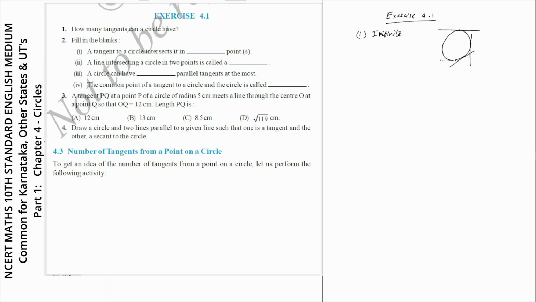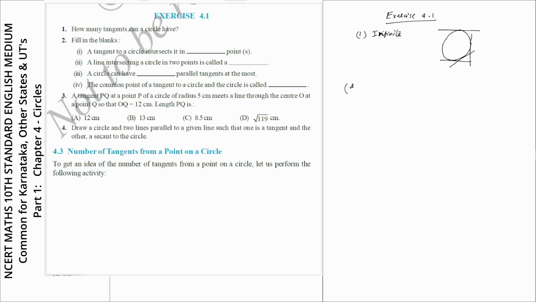You can draw 1 million tangents or 10 million tangents or 1 billion tangents. You can draw so many that you won't be able to count. Infinite means a very big number that you won't be able to count. So we can draw an infinite number of tangents.